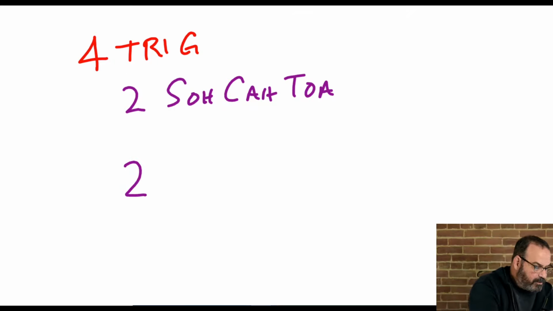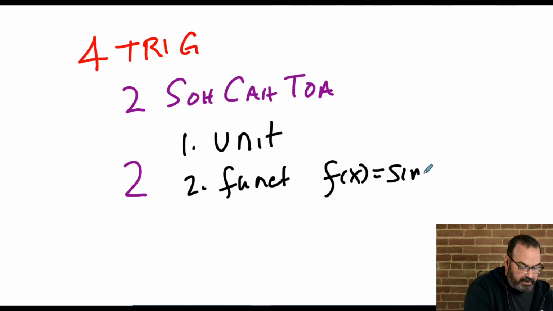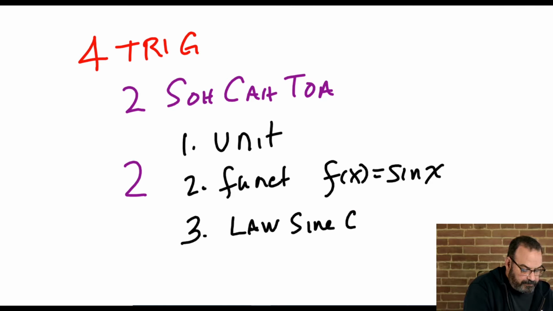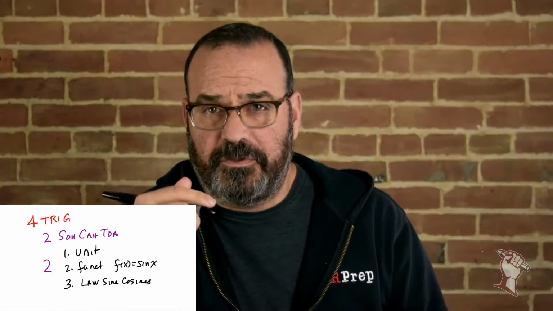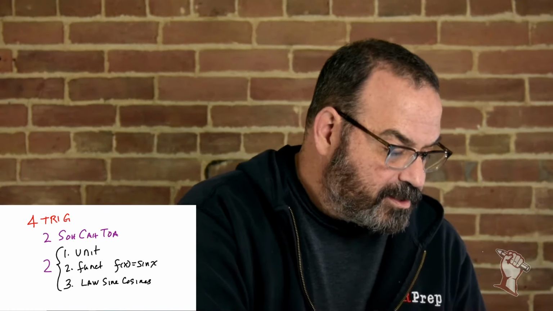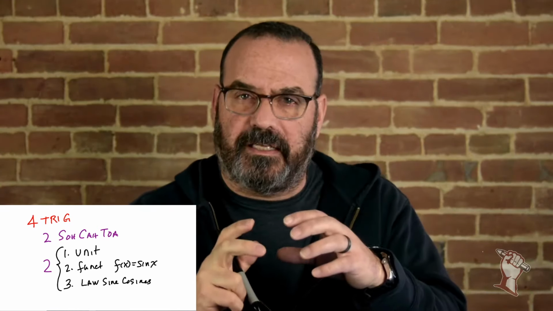Of the other 2 questions, they're made up of the unit circle, trig functions, where the function of x is equal to the sine of x, and 3, the law of sines and cosines. I have a playlist on my YouTube channel if you'd like to learn the trigonometry. So 4 trig questions, 2 SOHCAHTOA, 2 out of the 3 other things they test.